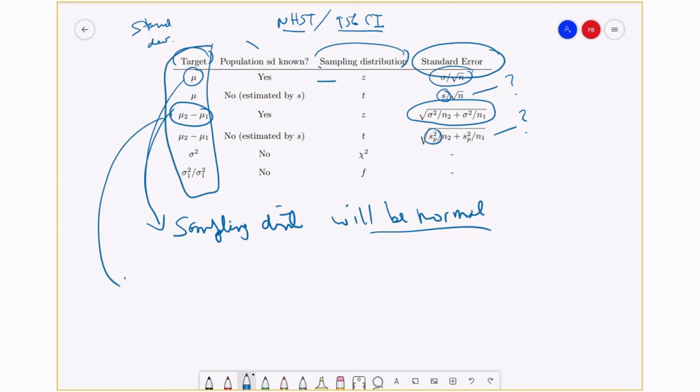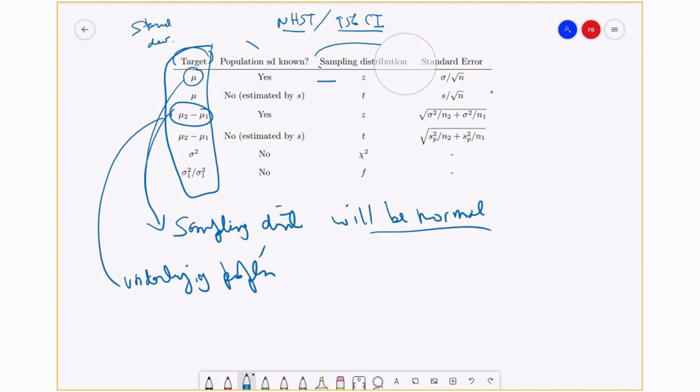Now, in all these cases, the underlying population is assumed to be normal. But it's only in these four cases that the sampling distribution is normal, or in the case of a t-distribution, essentially normal.